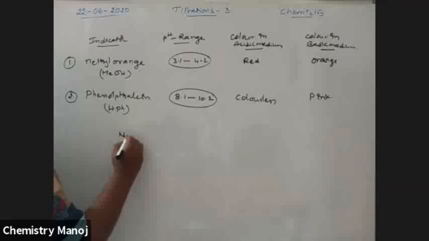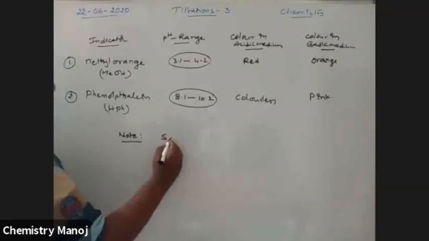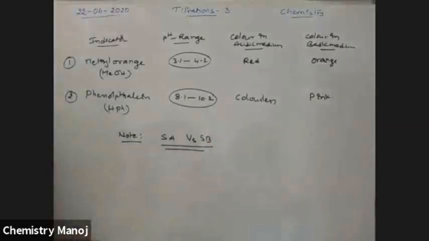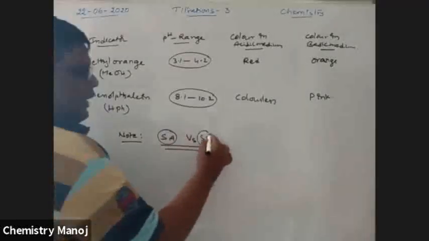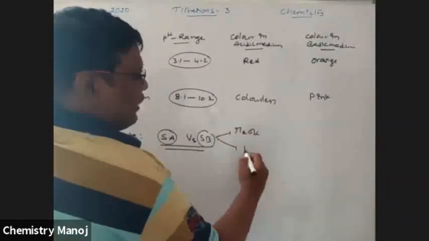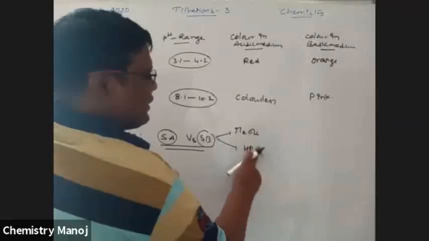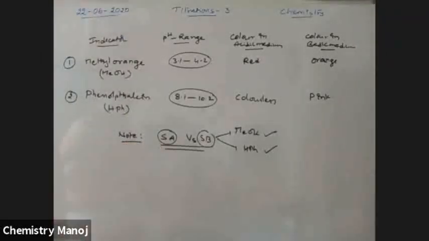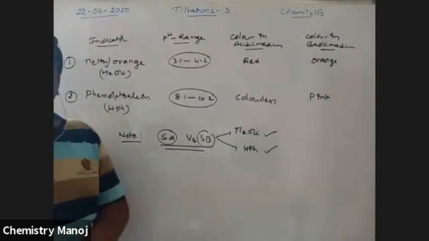Note this point: if there is a titration of strong acid versus strong base, either methyl orange or phenolphthalein, both indicators, can be used. We generally use strong acid and strong base, which is why either of these two indicators is used in our titrations. So I think it is okay.